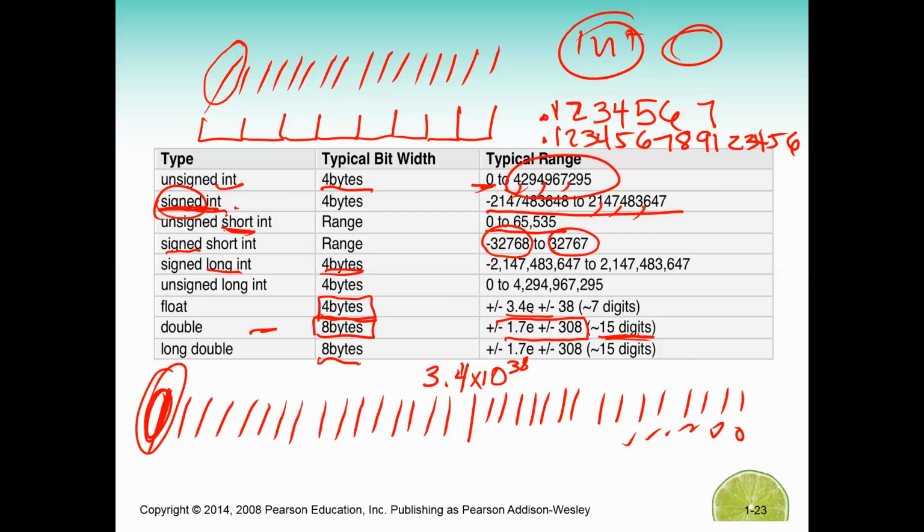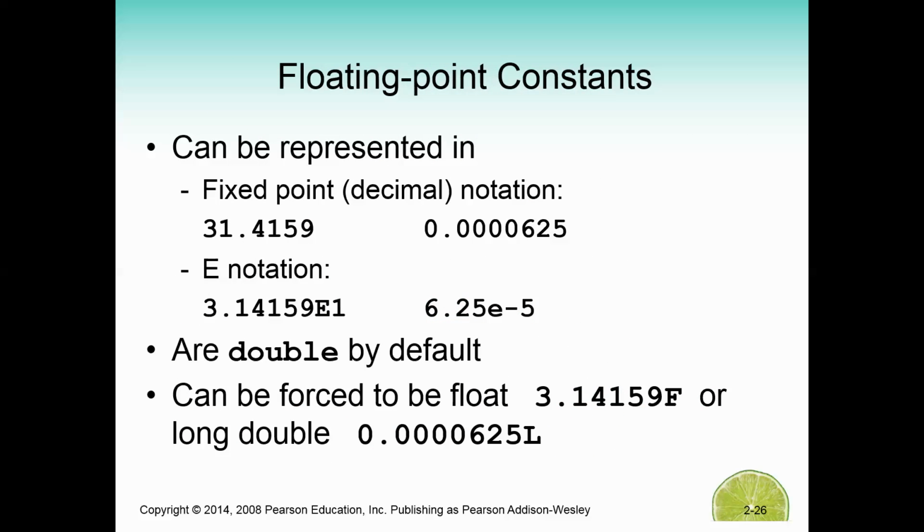When we're working with floating point constants, we can represent our numbers in decimal notation, just like the normal numbers, or we can also represent them in exponent notation. Remember, the E means times 10 raised to the power of 1. This one is times E, which is the exponent, times 10 raised to the negative 5.